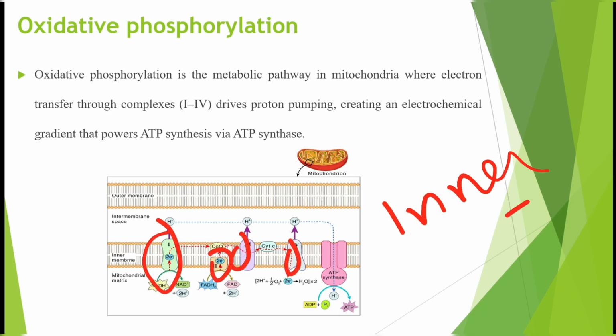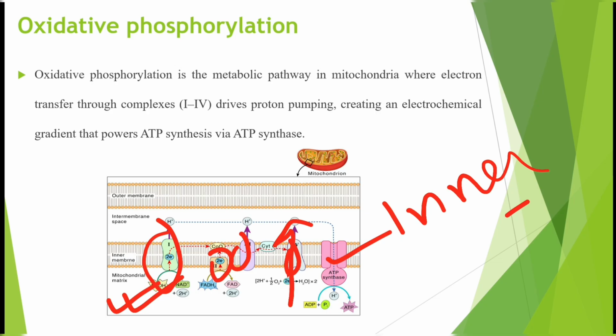These complexes are arranged in the inner mitochondrial membrane. Here electron transfer takes place from one complex to another, along with the pumping of protons from the inner mitochondrial matrix to the intermembrane space. It creates a gradient that drives the formation of ATP by ATP synthase.